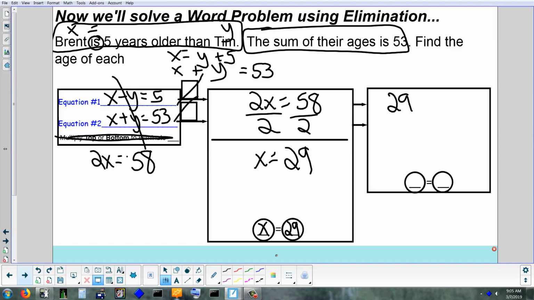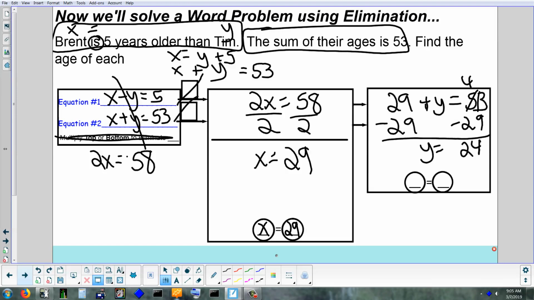What's next? I'm doing the bottom one. Plus y equals 53. What do I do now? Subtract one number. Minus 29, minus 29, y equals 24. Did I do that right? Yeah. So y equals 24.